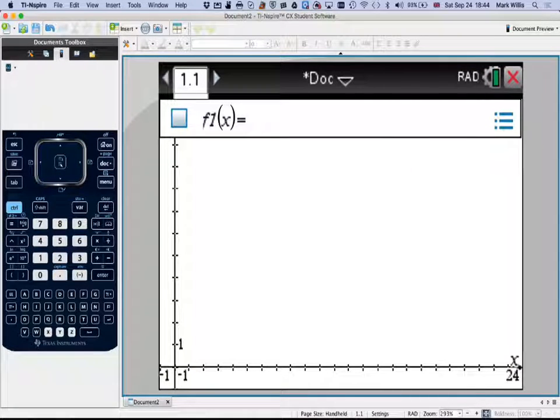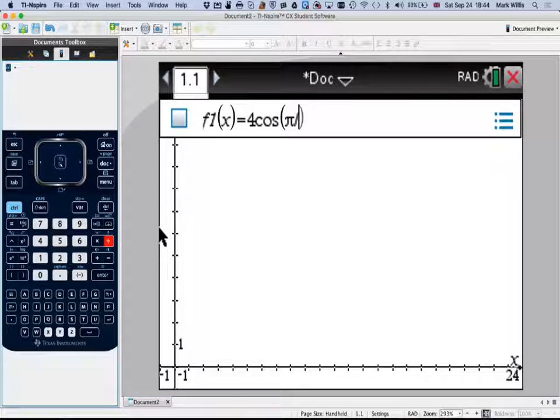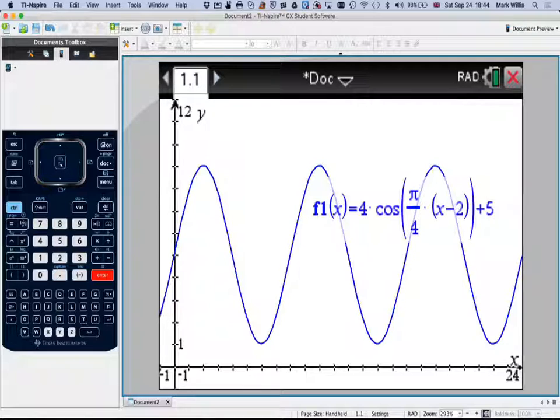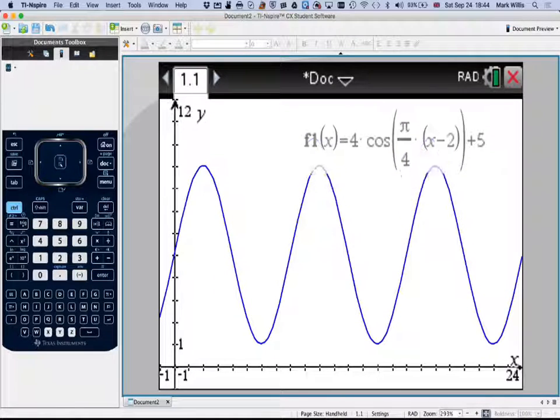So entering in the graph, we've got 4 trig cos of pi divided by 4 times brackets x minus 2, and then go out of the brackets and add 5, press enter, and we get the graph that we want.